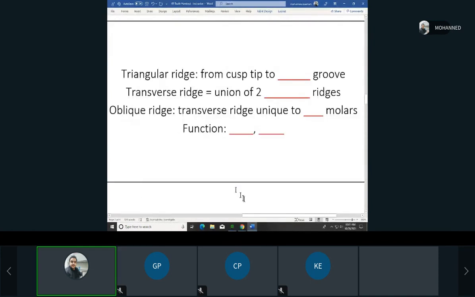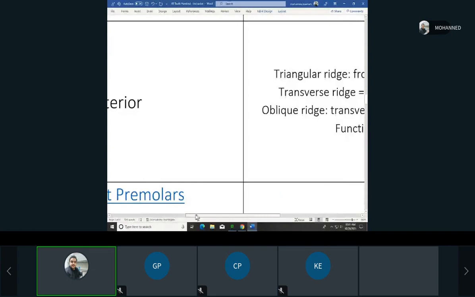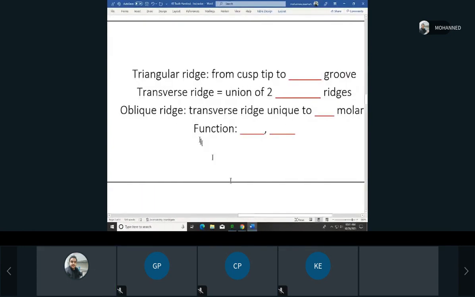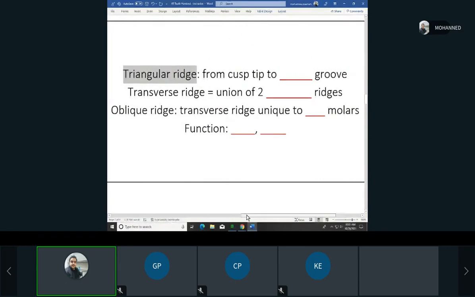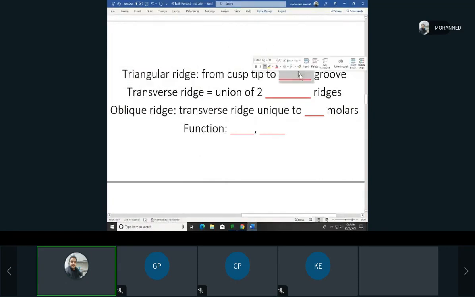Let's talk about posterior teeth in general, and then we take each one of these. Things that we will see on posterior teeth: usually a triangular ridge. Like we said, we have a labial ridge and lingual ridge, but for posterior teeth, a triangular ridge runs from the cusp tip to the central groove, and I'll show you in a little bit.